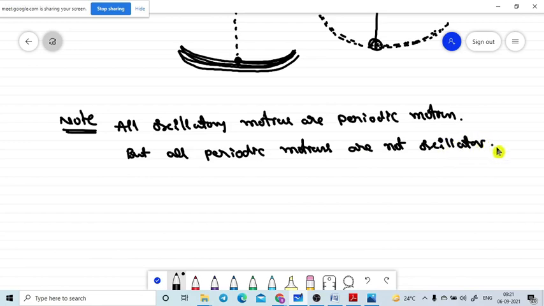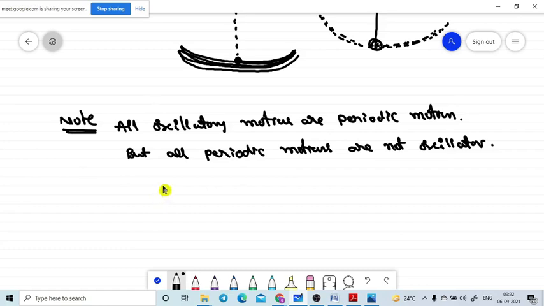So what is the main condition in oscillatory motion? The body should execute to and fro motion. That is very important. But what is the condition in periodic motion? The body should repeat its motion in equal intervals of time in the same path. That means the path may not be a to and fro motion. In equal intervals of time, the path should repeat itself.